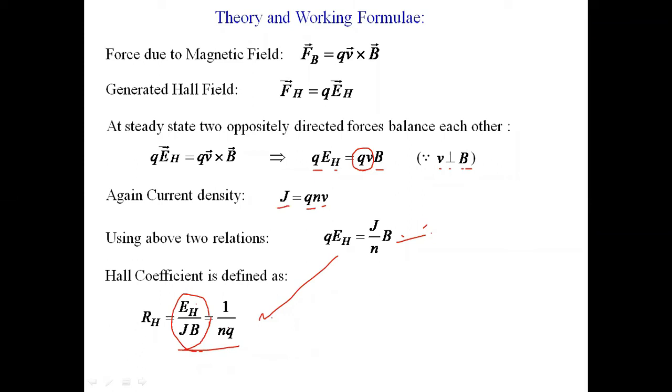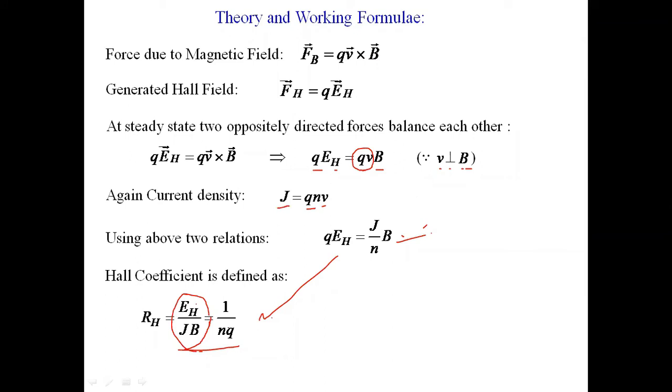So these are your inputs. Current or current density and magnetic field are your essential inputs. And as a result of Hall effect, you get an electric field, which we call the Hall field. Therefore, Hall field is your output.